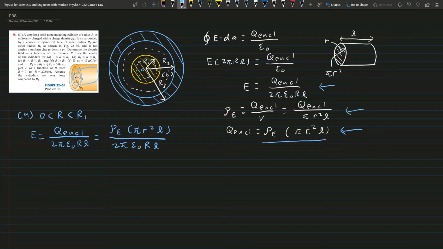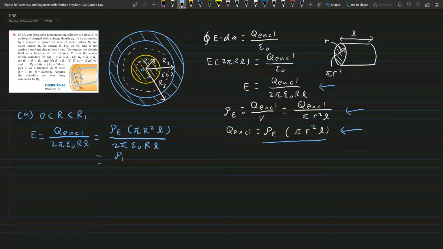In this case, this small r will actually equal the capital R, because this is not fixed. It depends on where we define the Gauss surface in the range given, which is smaller than R1. From here we can simplify it.